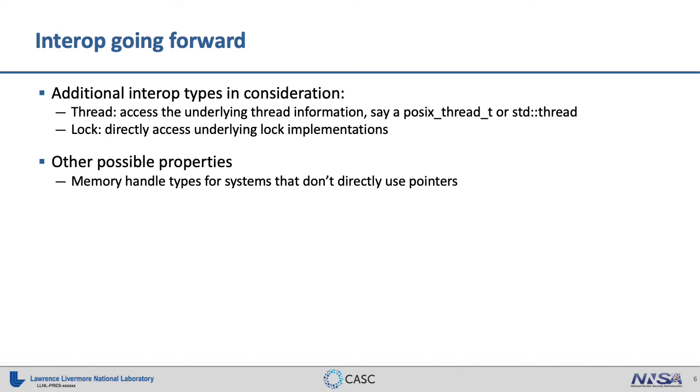is a way to query how the system maps concepts from the foreign runtime system to OpenMP's semantics. For example, in some cases, when you do an allocation for a target, you may be getting a handle rather than an actual pointer on the host if you're using the OpenMP APIs. And we're considering having a way to request through interop what kind of handle it is that you get when you do that.